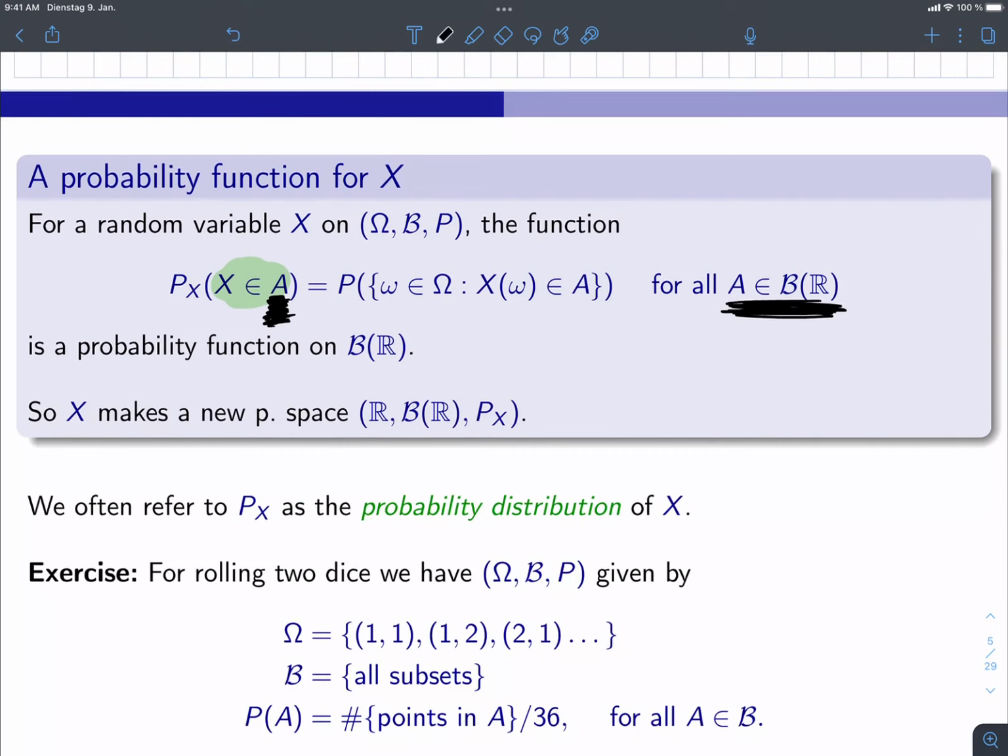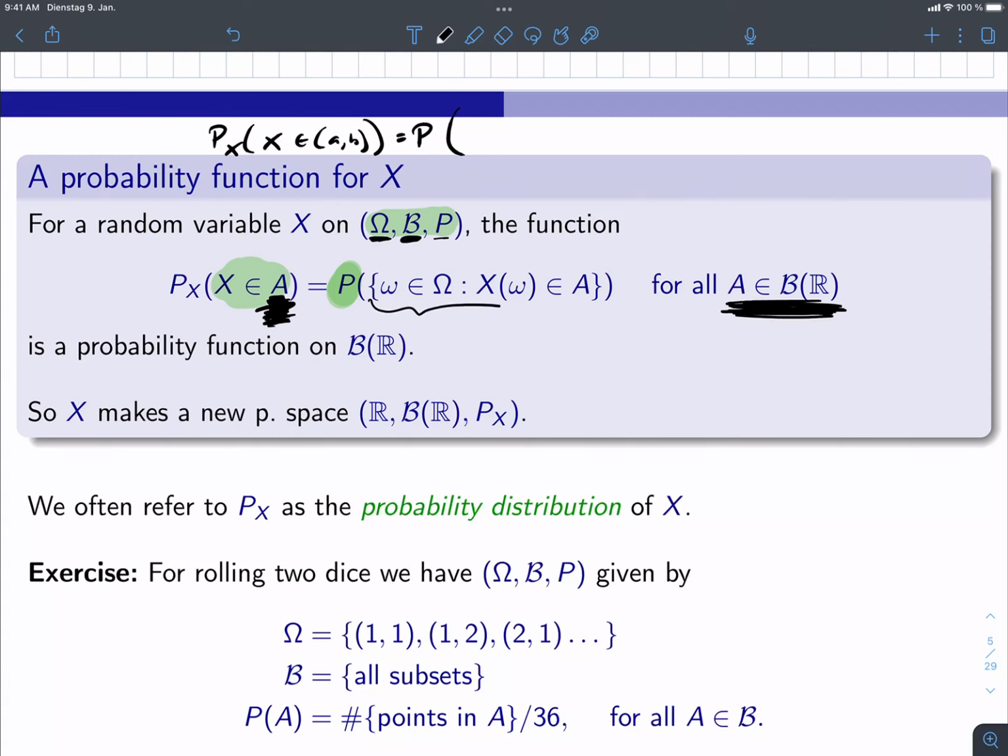So when we see all this Borel sigma algebra stuff, just think, I want to have x in the interval a to b, or we could have square brackets, or open or closed brackets. And the way we're going to define it is we're going to base it on our original probability function, which assigns probability to subsets of the sample space.